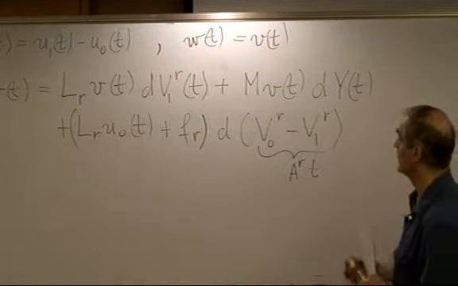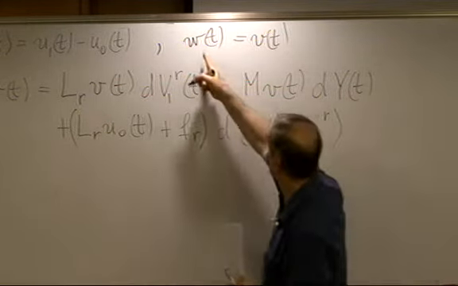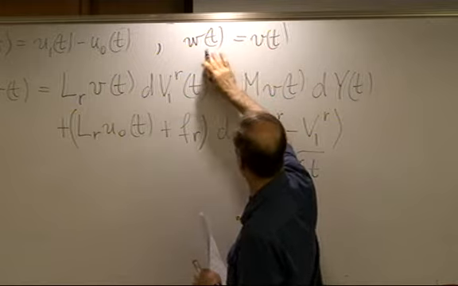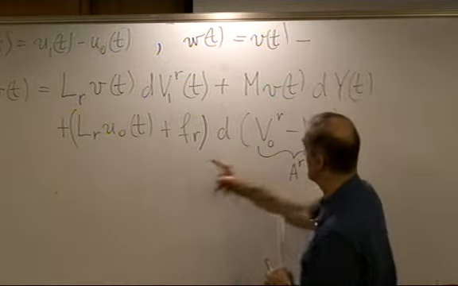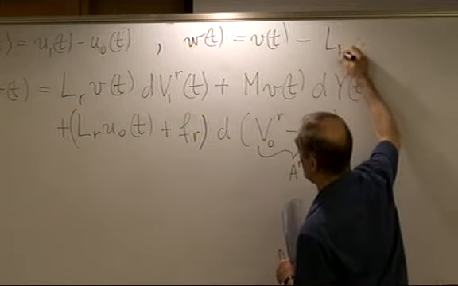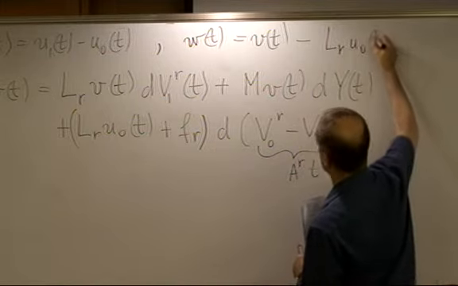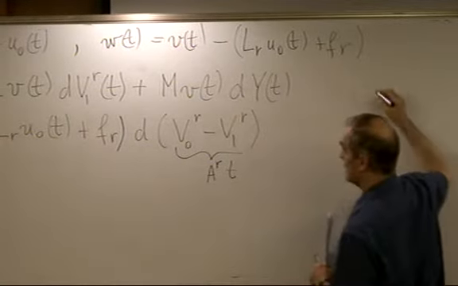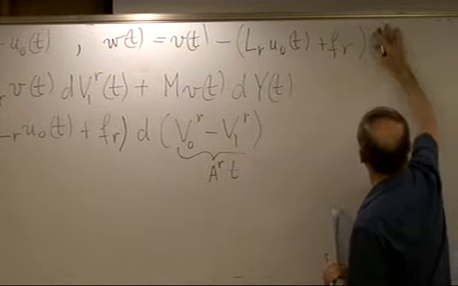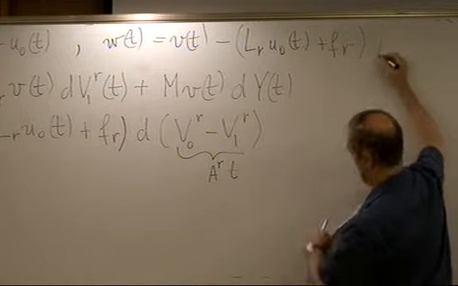So we want to get rid of it, and the way is that we introduce the WT, VT minus the product of these LR U0T plus FR times the ART.